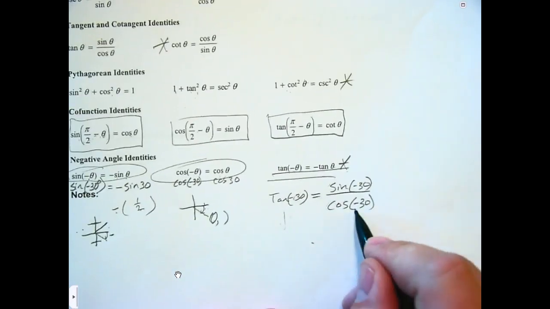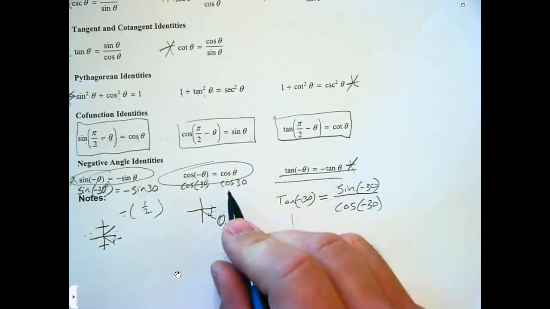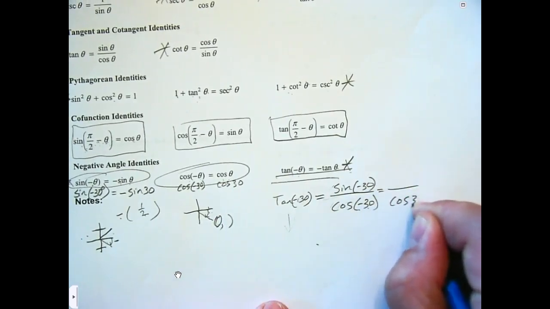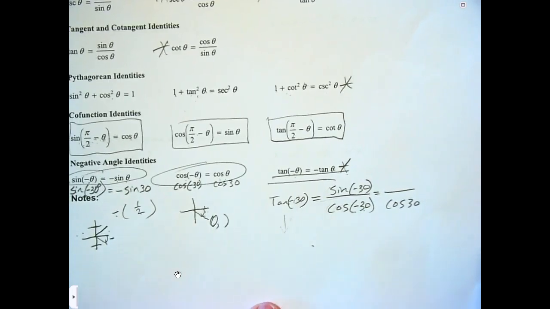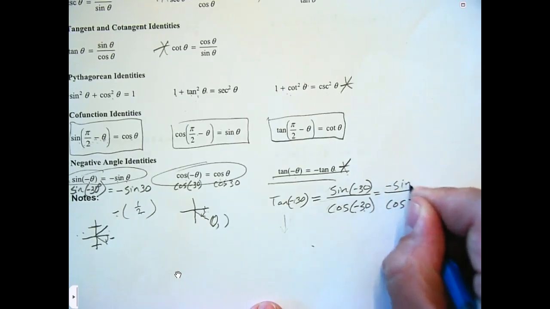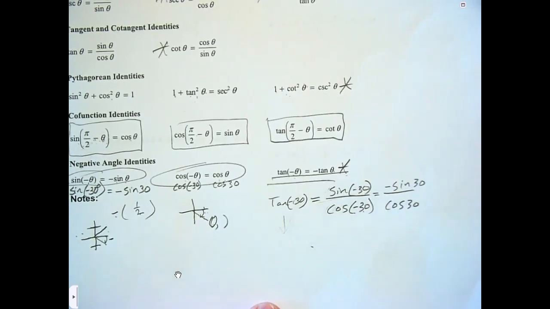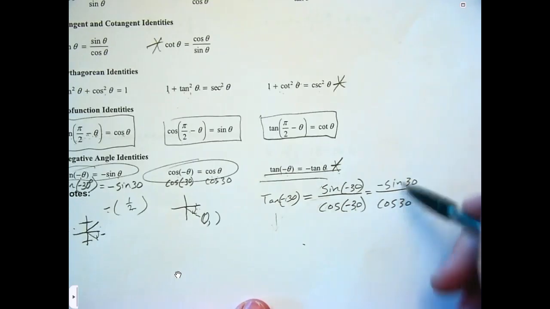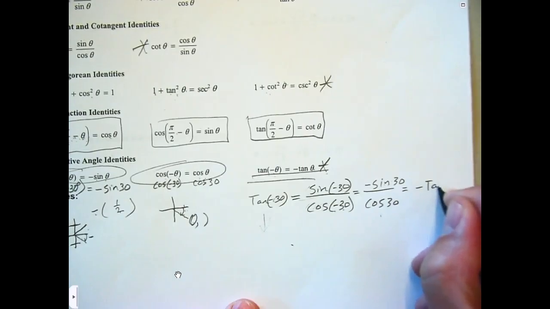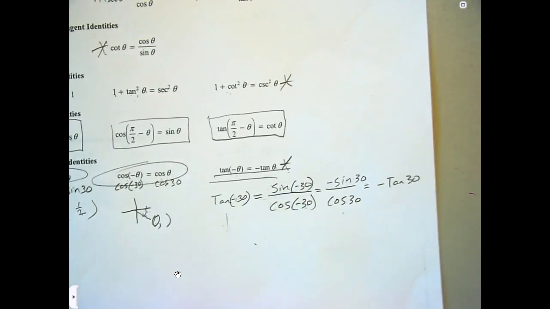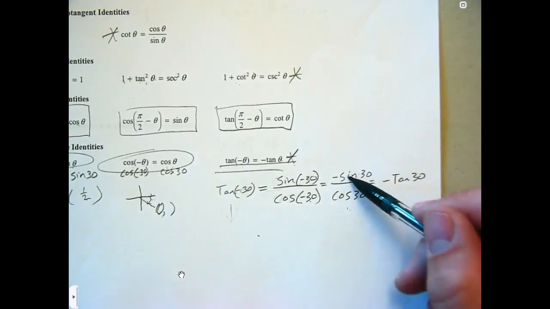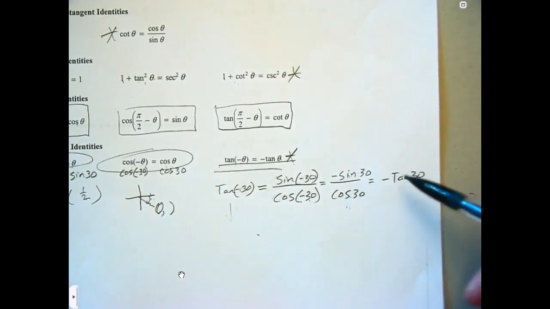Well, we know that cosine of negative is going to be the same as the positive. Cosine negative 30 is just cosine of 30. It's the same value. It doesn't change. However, sine does change. It becomes negative sine 30. It's the opposite of what sine 30 was. Therefore, we end up with a negative value here, equal to negative tan 30. That's what's happening there. Easy way to think about it, it's sine over cosine. This is negative, this is positive. Therefore, that has to be negative.